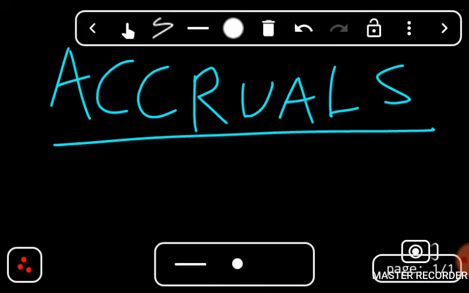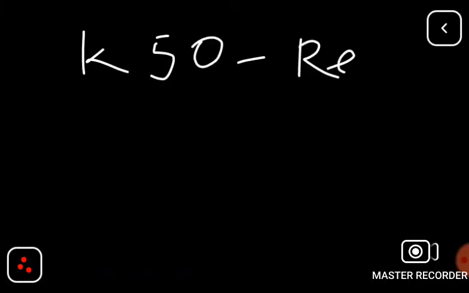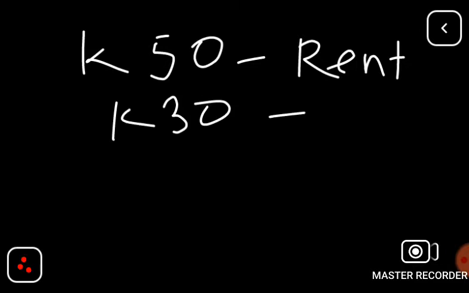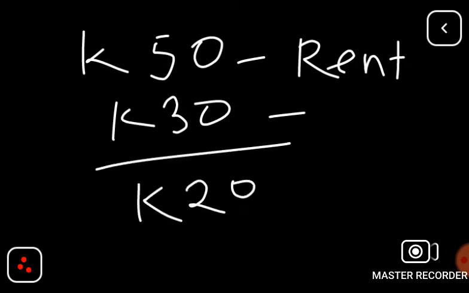So if, for example, you are supposed to pay 50 kwacha as your rent and you only pay 30 kwacha, how much are you owing? You're owing 20 kwacha, and that is your accruals, also known as owing.